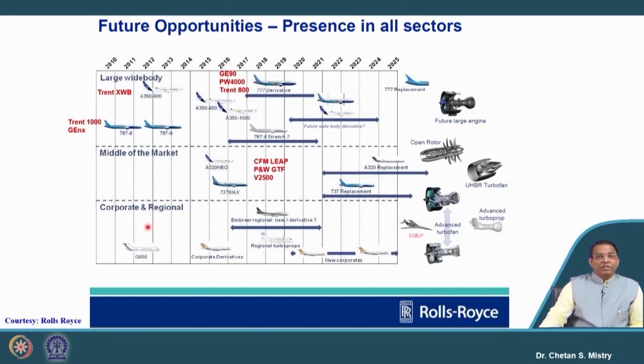As this dedicated week is for recent advances in aero engines, just look here, this is a good compilation of data by Rolls-Royce. It says we have three main variants: corporate or regional aircraft, middle of the market or medium range, and large or wide body aircraft.